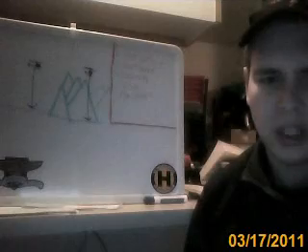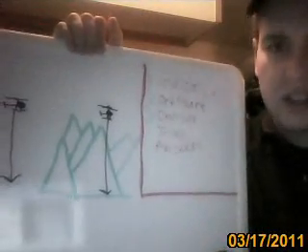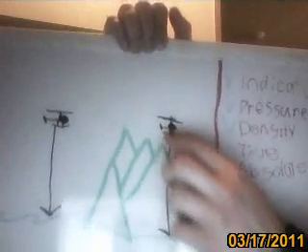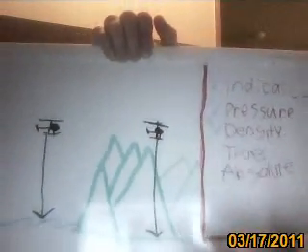Okay, next we have true altitude, which, as I've drawn out for you here, is all just your height above sea level. As you can see, we have one helicopter over the mountains and the other one over the ocean. Now, the helicopter in the mountains, yes, its height above the ground is shorter, but that's not what we're measuring.